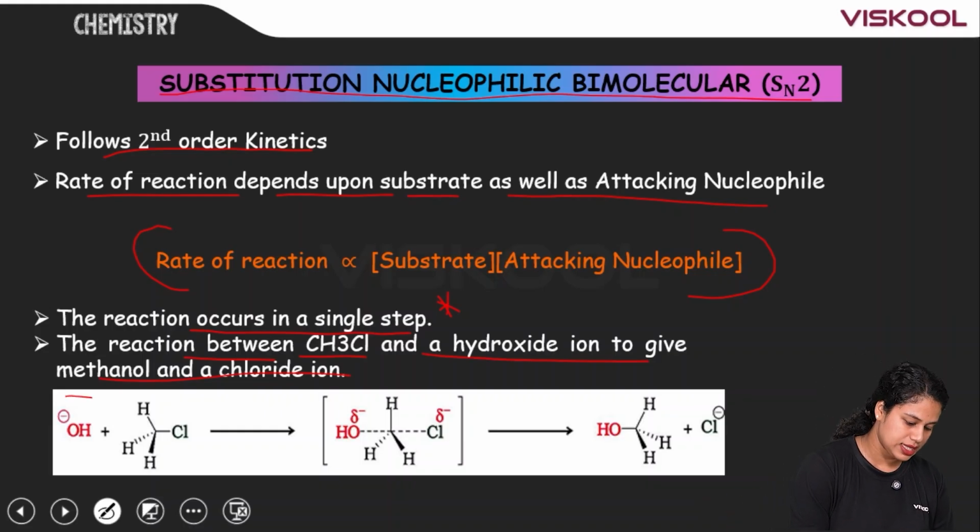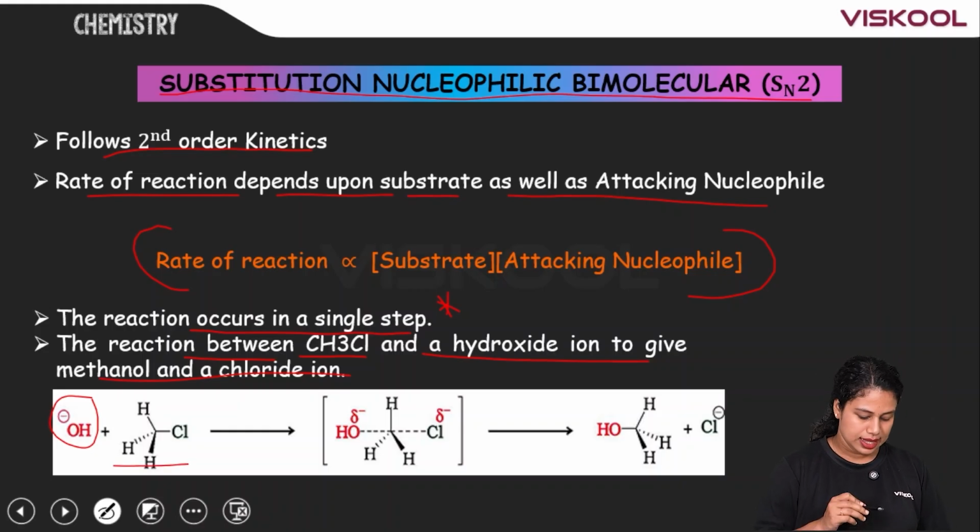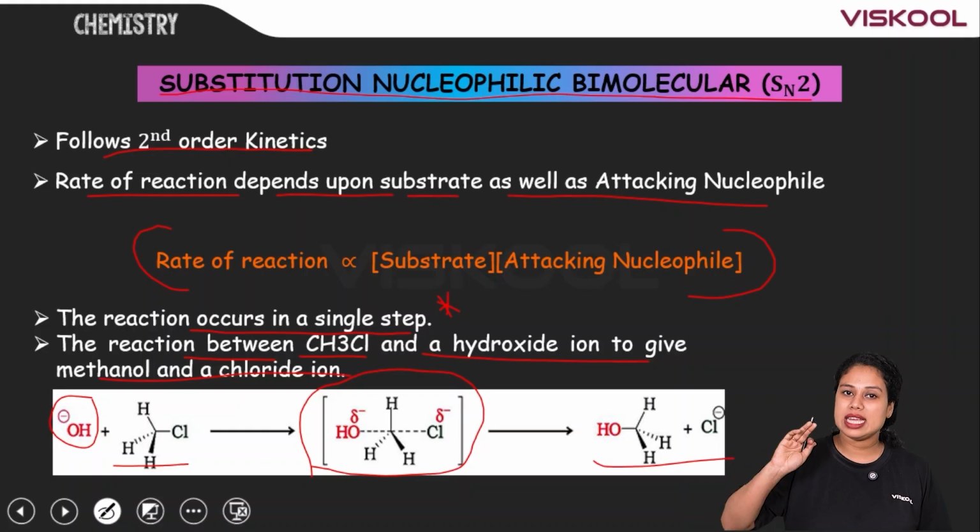Hydroxide, OH minus, is a nucleophile attacking the CH3Cl. An intermediate forms, which transforms into the product by eliminating the halogen, and the nucleophile ends up attached to the alkyl halide. This is how SN2 reactions generally take place, in a single step through an intermediate.